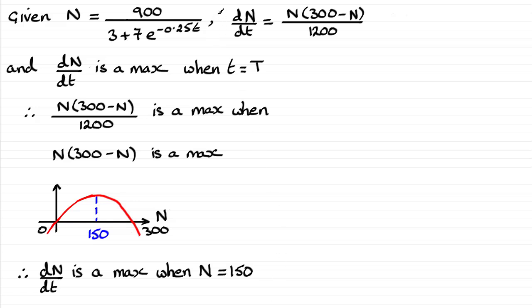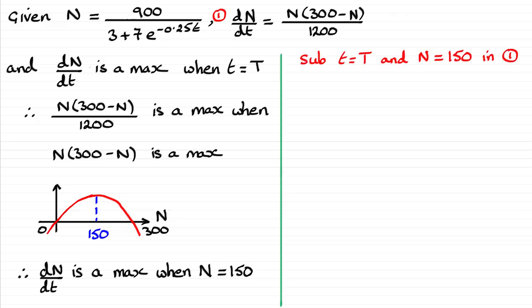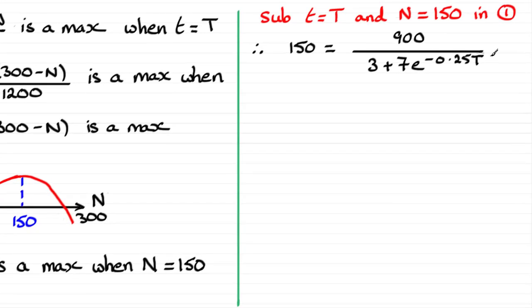So if I do that, I'll call that equation 1 and substitute t equals capital T here and n equals 150 into 1, then what I'm going to get is this result here. And so if I now cancel both sides by 150, that's going to go once and that's going to go in there 6 times.